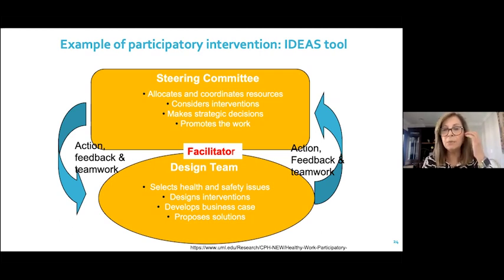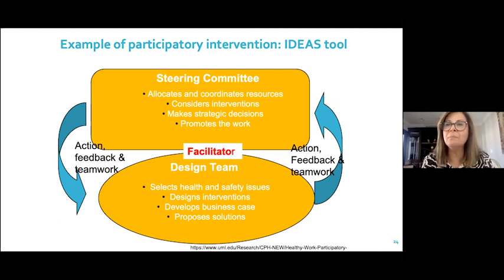This is very important because the people in your design team need to be people who are committed, enthusiastic, and also very good listeners and learners, because the process may take weeks and months.